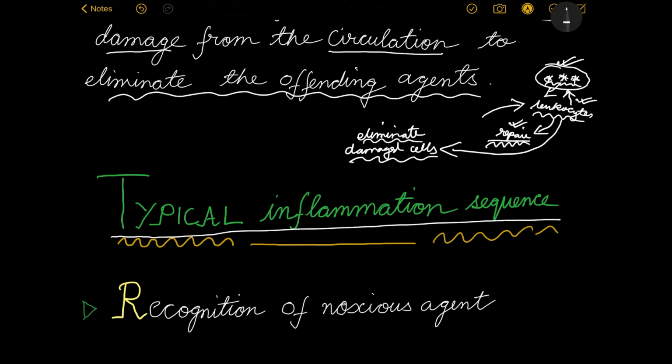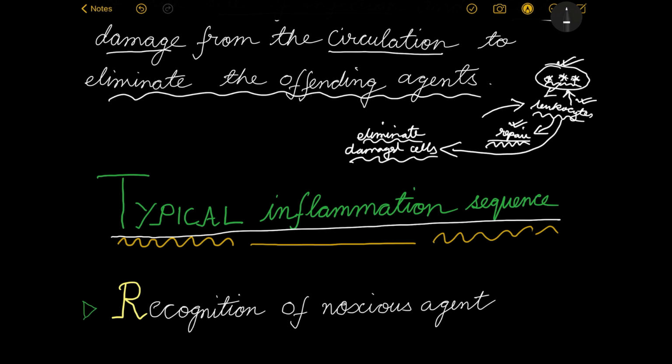But in this process of inflammation, where these leukocytes are actually eliminating the offending agent, a lot of times the leukocytes also end up hurting the host healthy tissue as well. That is why inflammation is actually injuring to the host tissue as well.